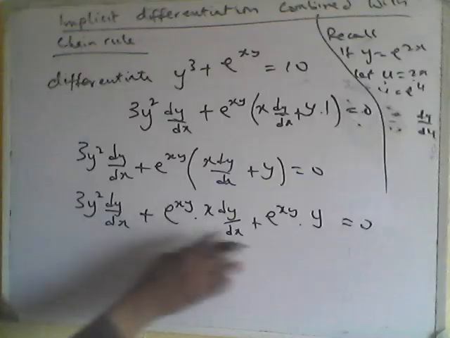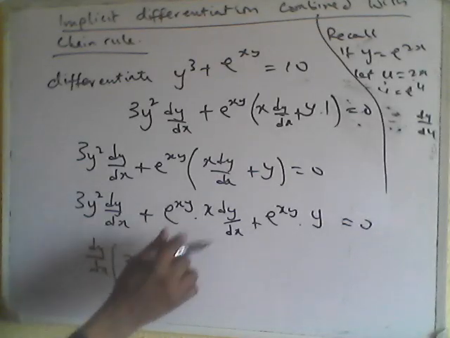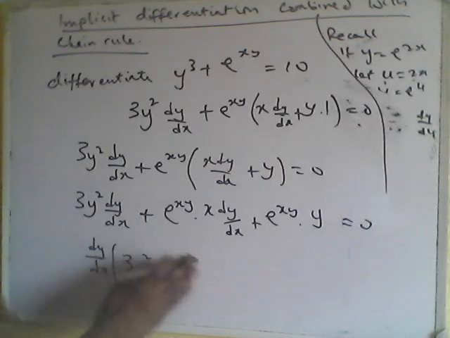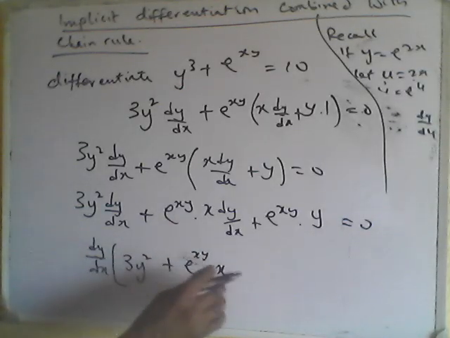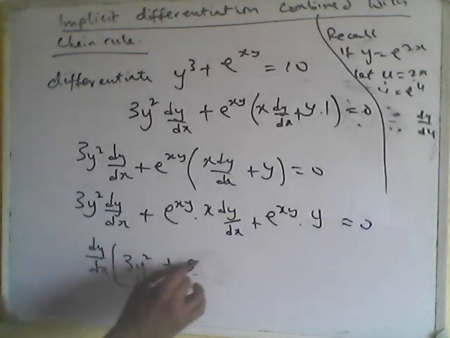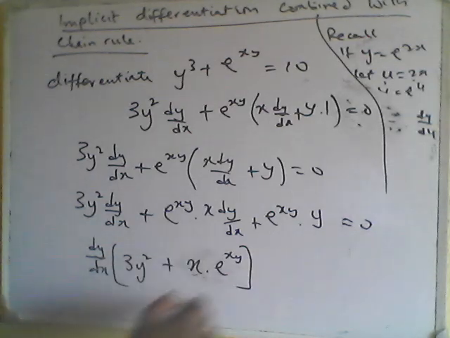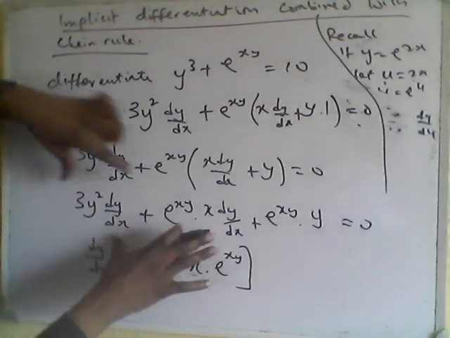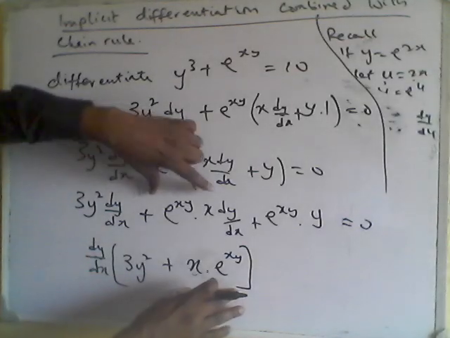They are common, so I'll say dy/dx, the remaining one I have 3y squared plus x outside, times exponential xy. Then I close it. This gives me these first two terms again, because dy/dx times 3y squared gives me this one, and dy/dx times this one gives me this one.